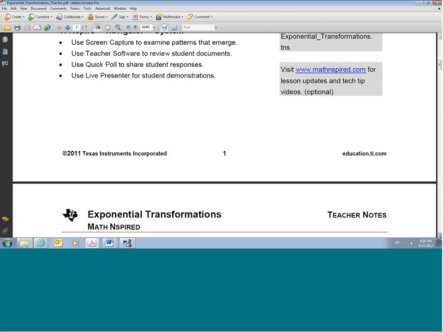And I will show us at the end how to do a standard search to find activities that are correlated to specific standards in the Common Core.